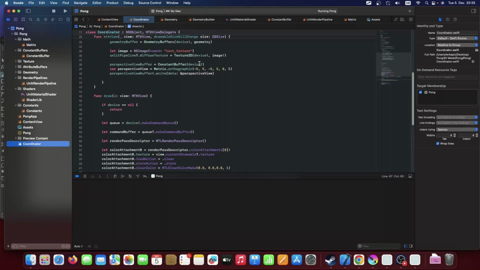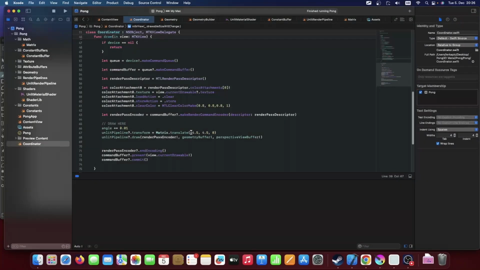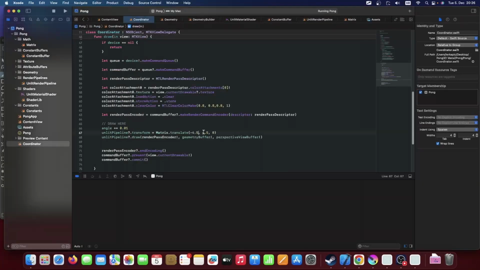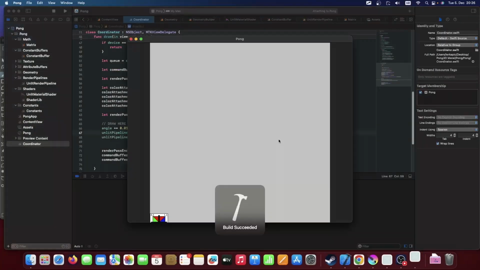So if I change this to 0, 10, 0, 10, we will see nothing on screen now, right? Because we're at minus 4.5. That's correct. But if I change it to, let's say, 0.5, and here I'm just going to use 0 because, why not? Okay, we see it here.